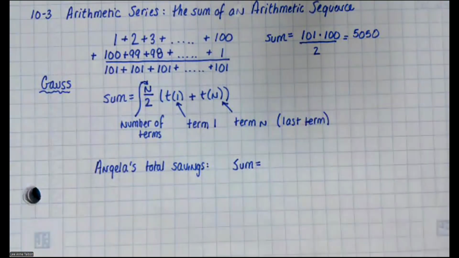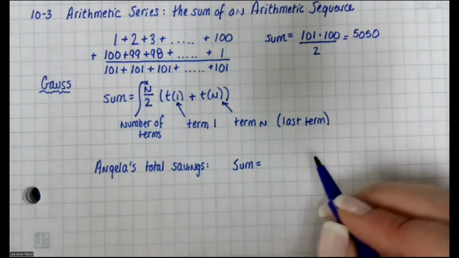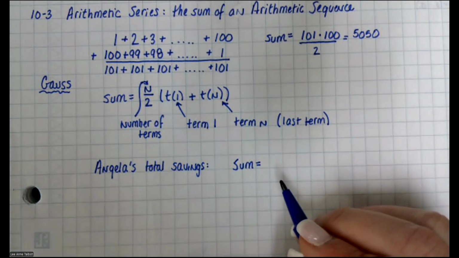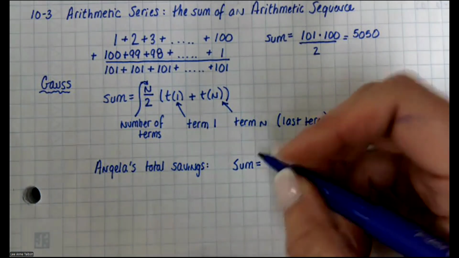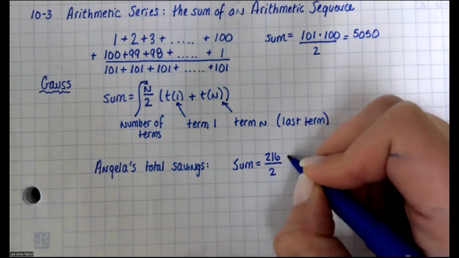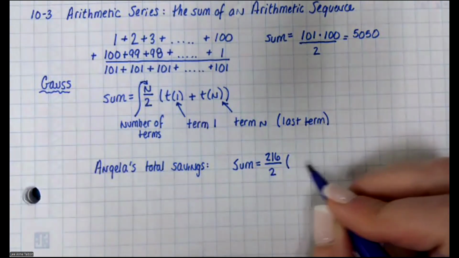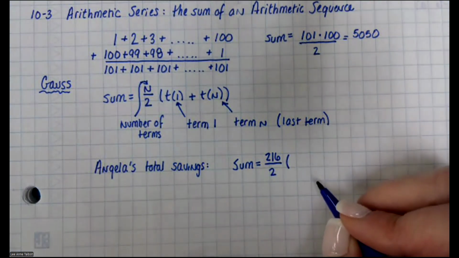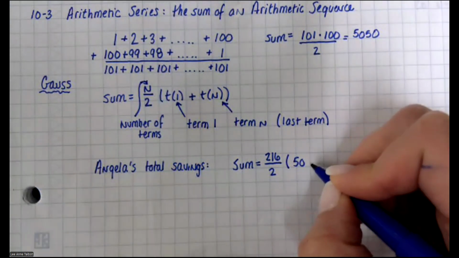Okay, I'm going to ask you guys some questions. You're going to have to go back into problem number 1 to look for the answers. How many months did Uncle Zachary save for Angela? 216 over 2. And what was the first amount that Uncle Zachary deposited for Angela? 50.